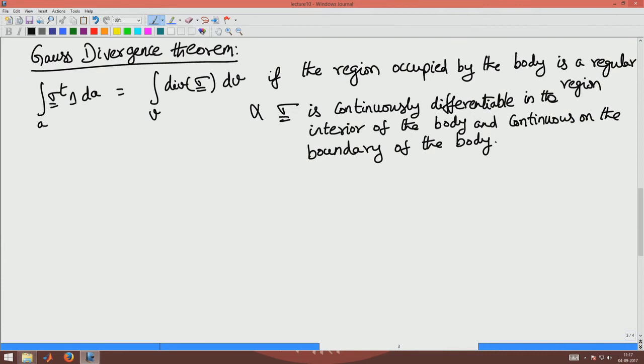Okay. Under these assumptions you can compute sigma transpose n dA as divergence of sigma dV. The important thing is you have to understand what a regular region means. I will not go into the definition; you can look at the potential theory by Kellogg.